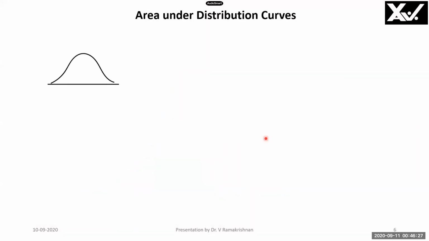Now, the area under the distribution curve. This is a standard distribution curve where the mean is 0, and I have taken a point 1.5, which is 1.5 sigma, because sigma is equal to 1 for a standard normal distribution. Therefore, I mark it as 0, and afterwards 1.5 at a distance of 1.5 centimeter.